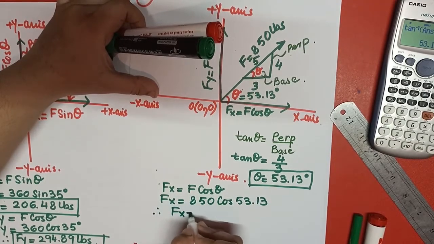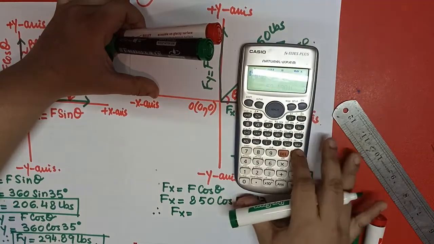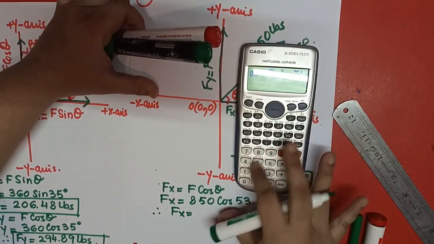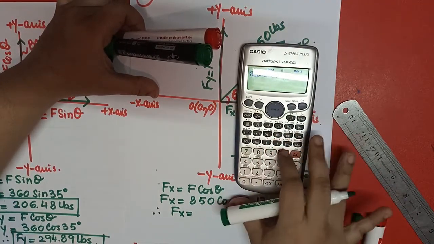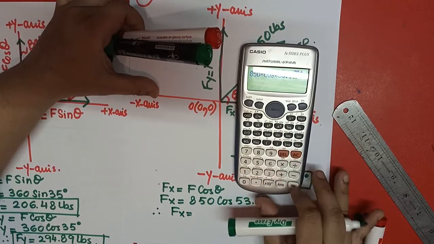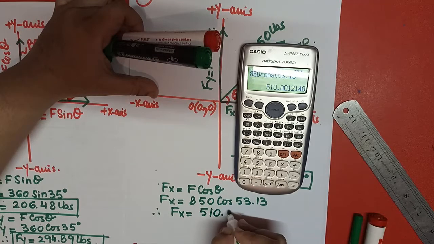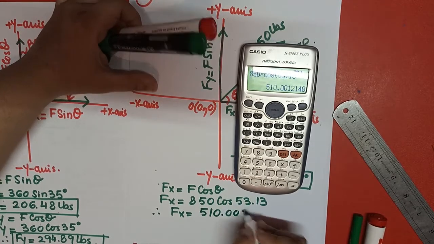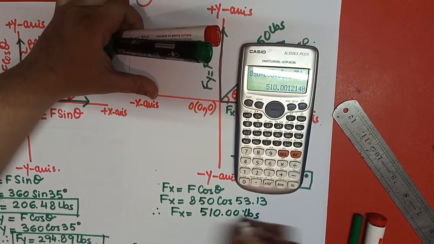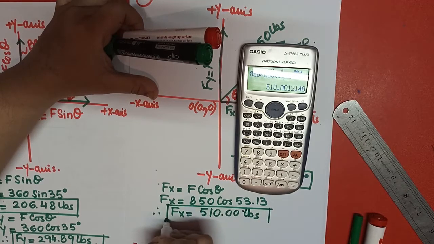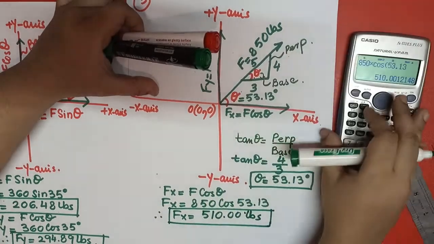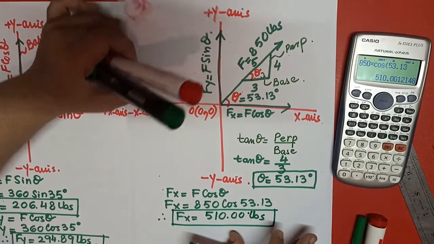Therefore Fx equals 850 into cos of 53.13, which comes out to be 510.00, and the force is in pounds. The main force is in pounds, so Fx should also be in pounds.